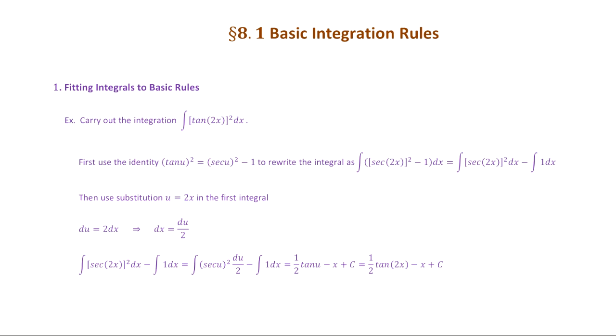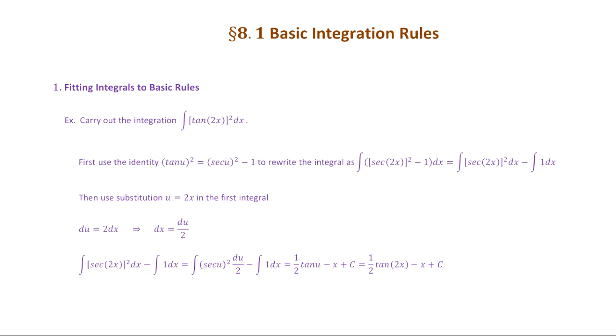And plugging that into the original problem, so we got secant 2x squared, just secant u squared, because u is defined as 2x. And dx is just du over 2, we just got it. And then minus the integral of 1 for x.